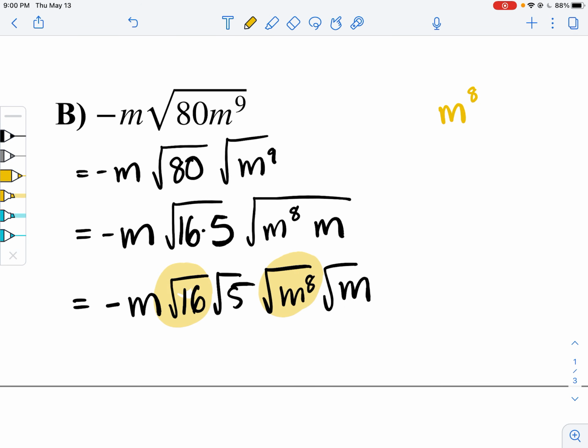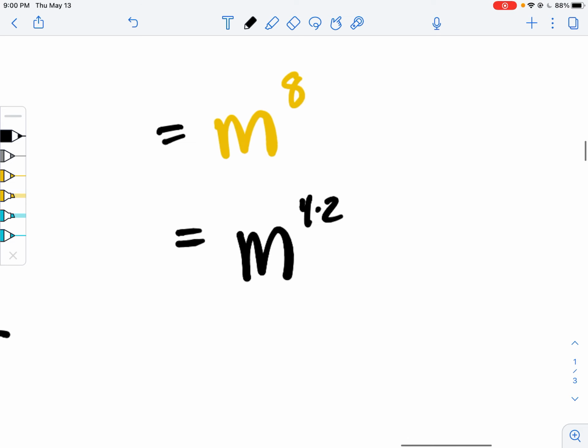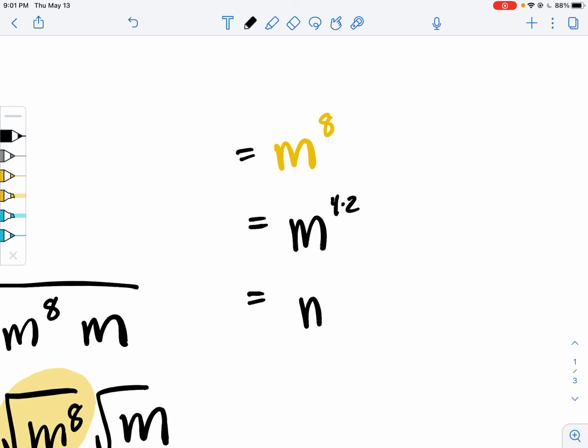So we have m to the 8th power, right? Remember our exponent rules: if you have a power that's a product, 8 is 4 times 2. And since we have 4 times 2, we can say that's m to the 4th squared. Oh, hey, look!